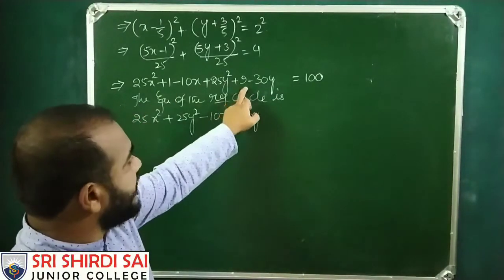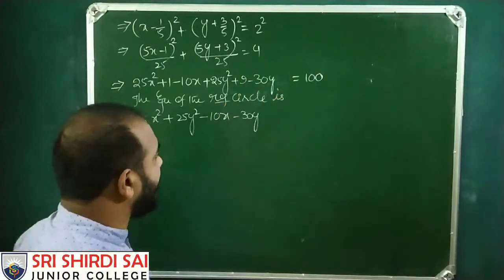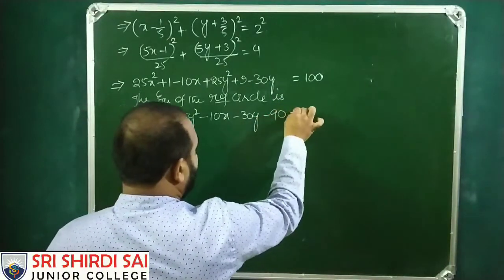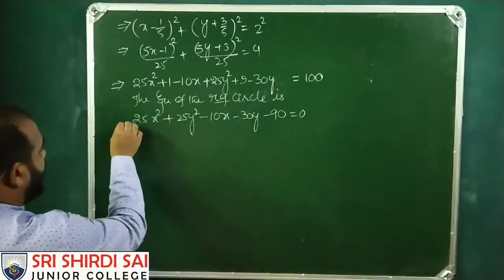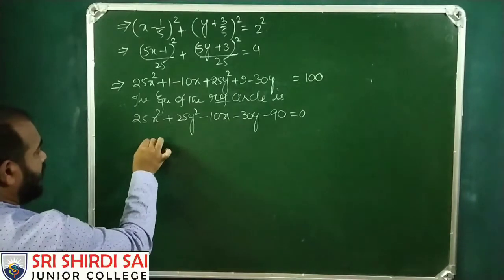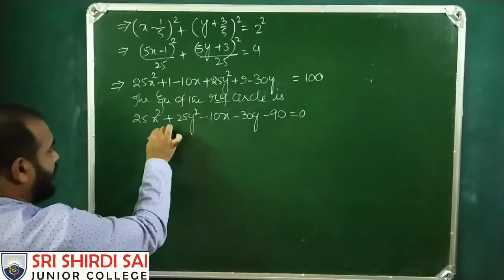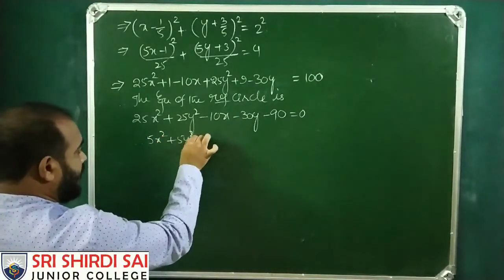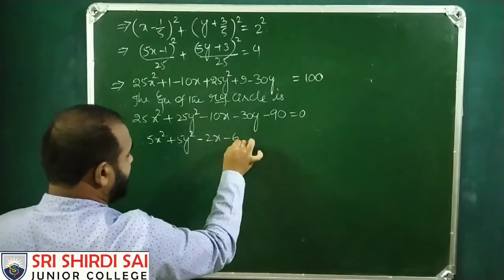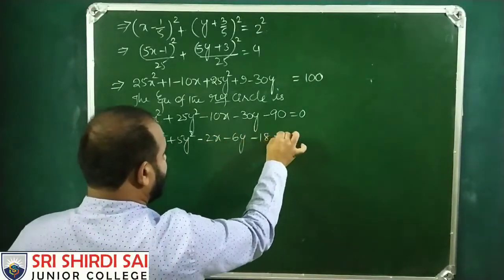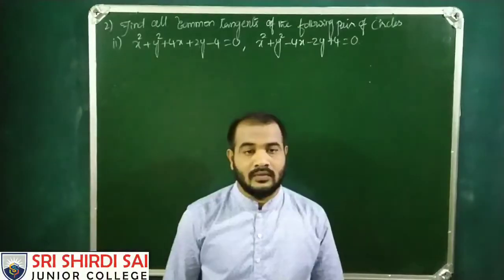So 1 plus 9, 10, 10 minus 100 is minus 90, equals 0. Therefore, if I take a 5 in common, 5x square plus 5y square minus 5 2s are 10x, 5 6s are 30y, 5 18s 90, equals 0.